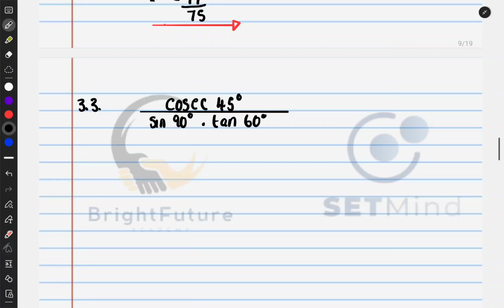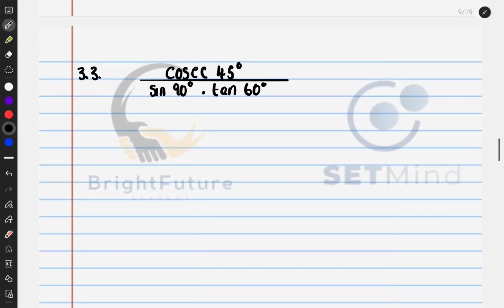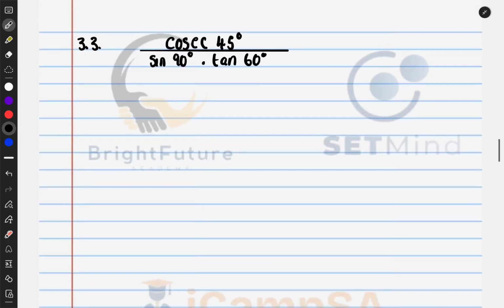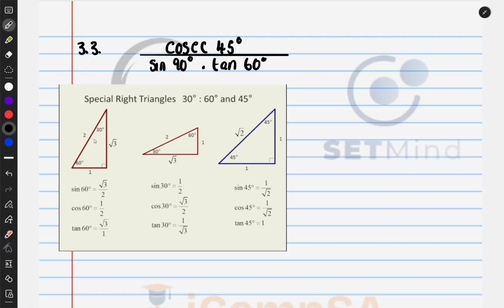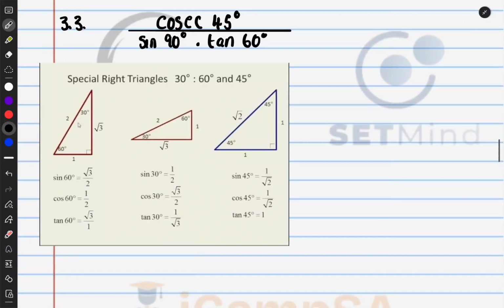So I can write the table for the special angles, but it's going to take a little bit more time. So what I'm going to do, I'll just look for the table or the Venn diagram of the special angles, and then I'll paste it here. Then we'll continue solving for this using the special angles. Okay, so there we have our picture for the special angles. I hope it's visible enough.